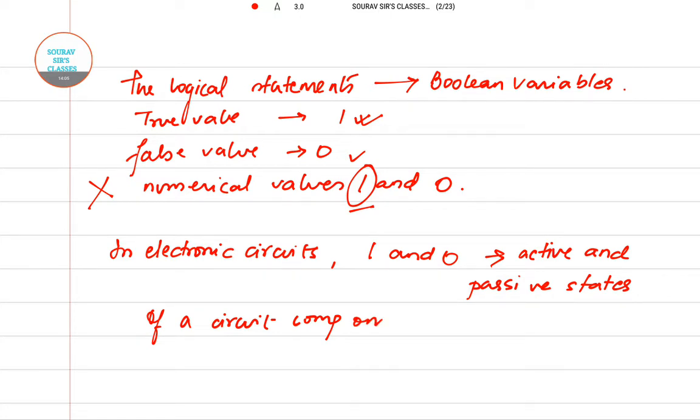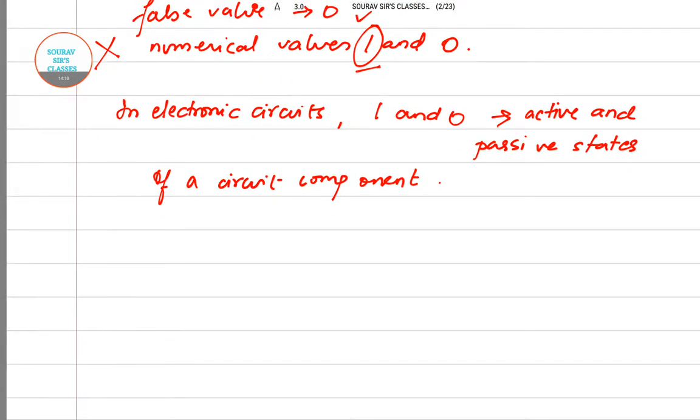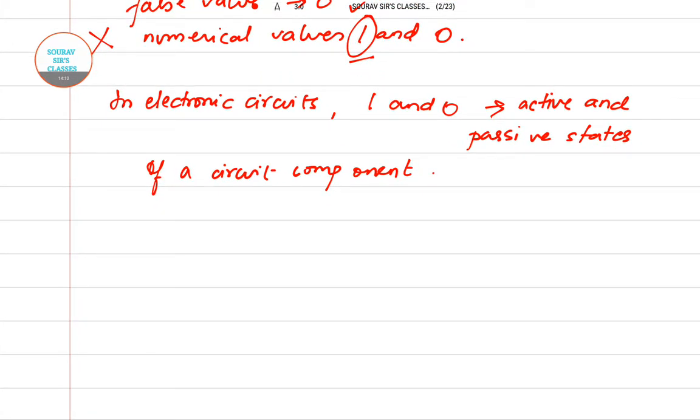Okay, next we move on to a little more signs. Number 1, in Boolean algebra, the addition symbol that is given by this, so just let me write it.